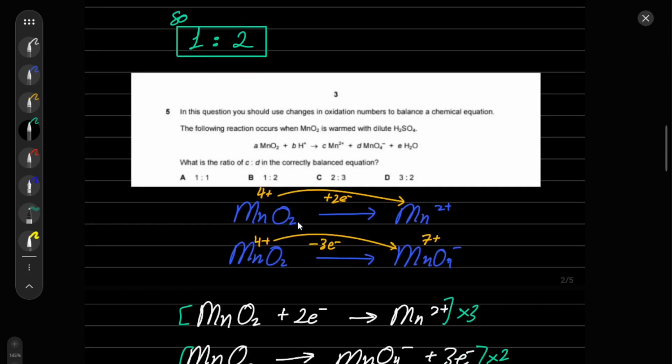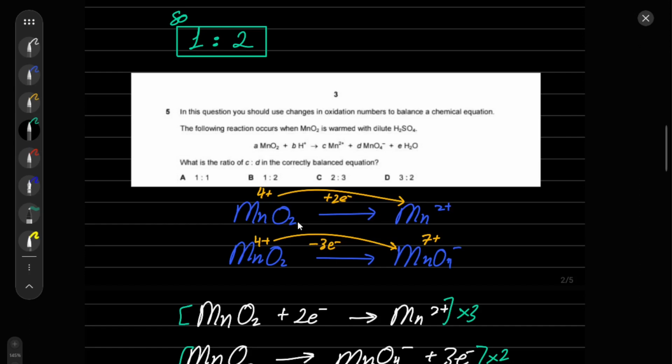Let's continue. In this question, you should use changes in oxidation numbers to balance a chemical equation. The following reaction occurs when MnO2 is warmed with dilute H2SO4. The same methodologies will be applied here as well.